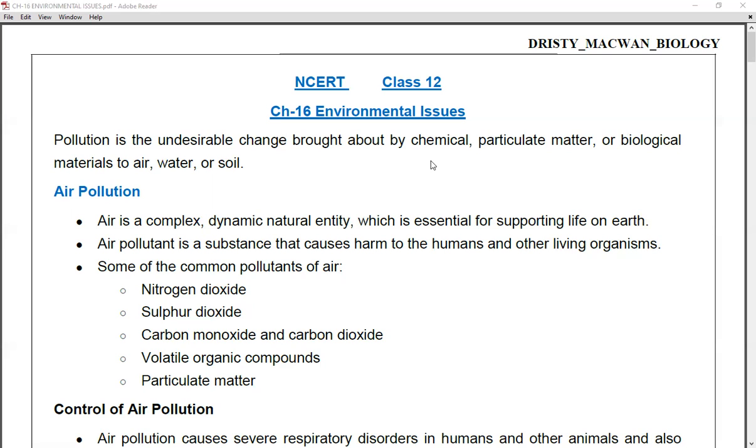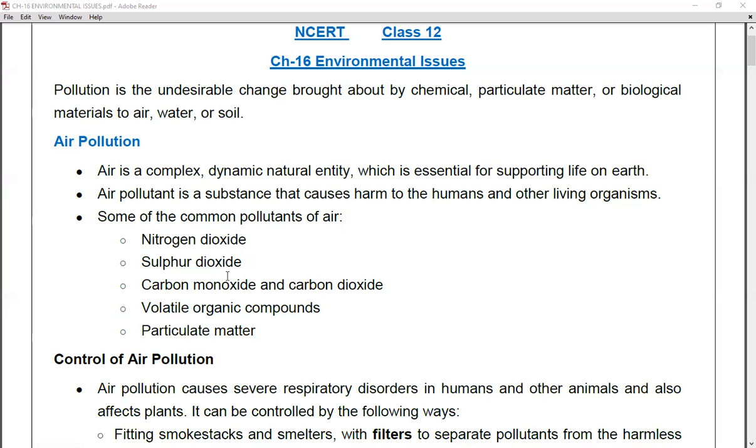It is a substance causing harm to humans as well as to other living organisms. Some of the common pollutants of the air are nitrogen dioxide, sulfur dioxide, carbon monoxide and carbon dioxide, volatile organic compounds, and particulate matter. Amongst them, carbon monoxide is one of the major components doing the air pollution.